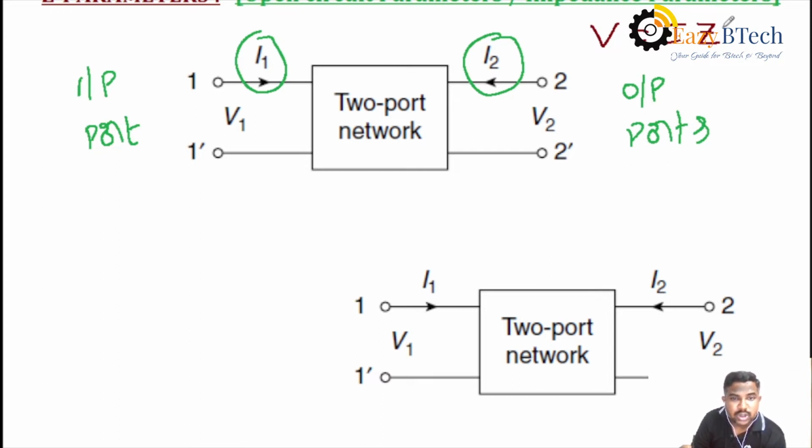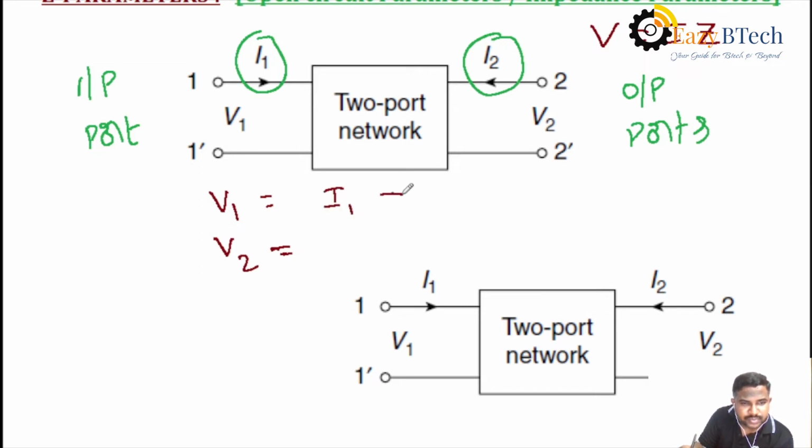That means you have to develop two equations, V1 and V2. From V equal to IZ, we have two currents, I1 current plus I2 current, for V1, and similarly I1 current plus I2 current for V2.